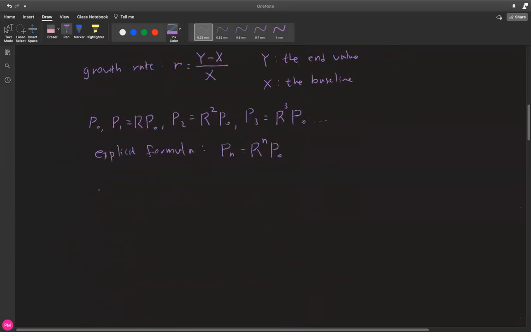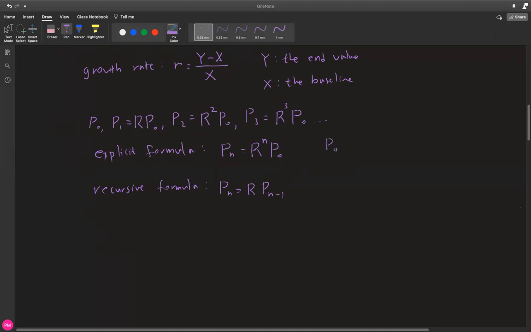The next thing we did was the recursive formula. And the recursive formula is given as P sub n equals R multiplied by P sub n minus 1. So simply, you're taking the previous term and multiplying by R. So what does each term represent?